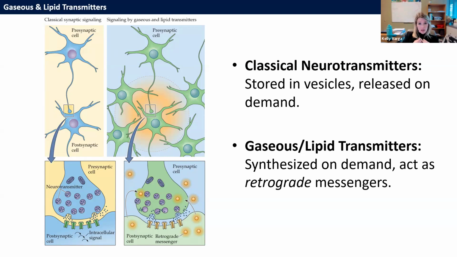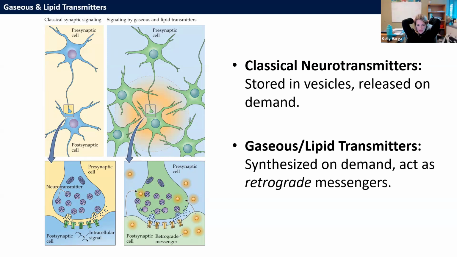You have endocannabinoids, endo, within, naturally occurring. And people may take exogenous marijuana, THC, CBD. But what that does is it actually activates receptors and transmitters in the postsynaptic cell that are actually sent back to the presynaptic cell.